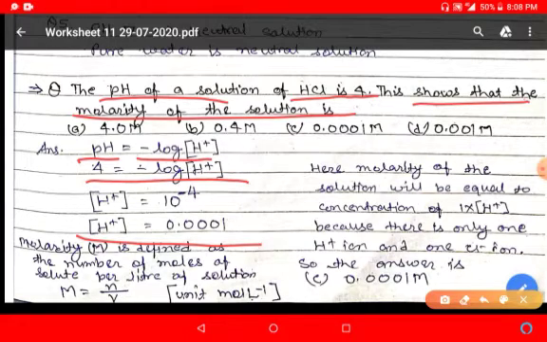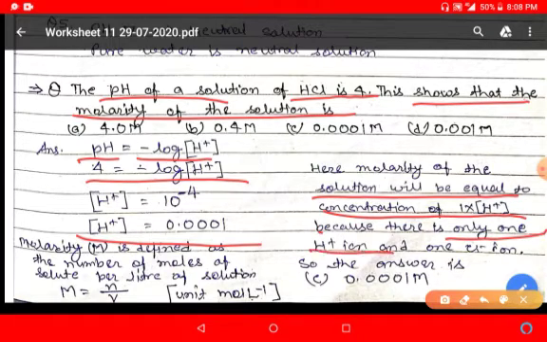The molarity of the solution will be equal to the hydrogen ion concentration, because there is only one hydrogen ion and one chloride ion when HCl is present in the solution. For clarification, we note what molarity is. Molarity is defined as the number of moles of a solute per liter of solution. M equals n upon V, and the unit of molarity is mole per liter.